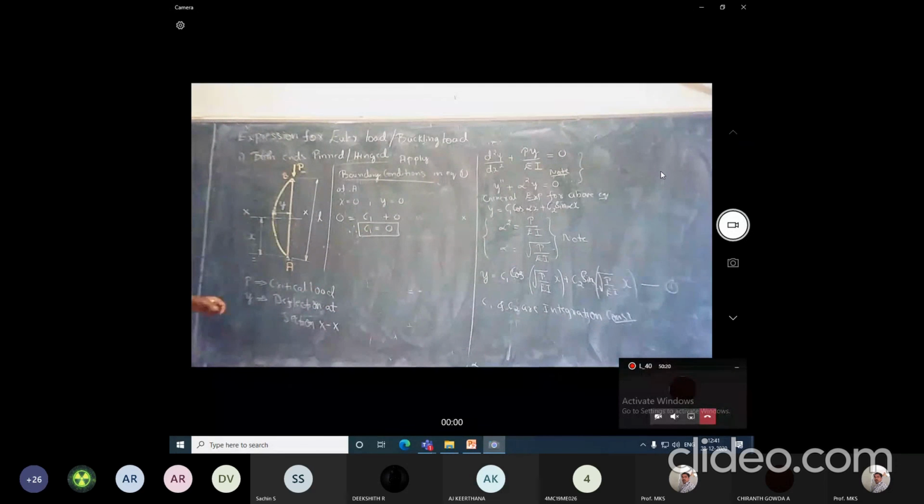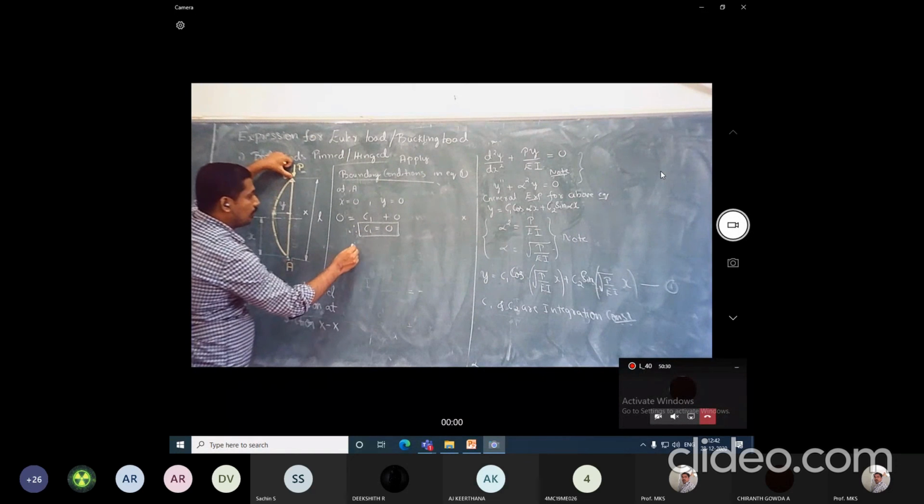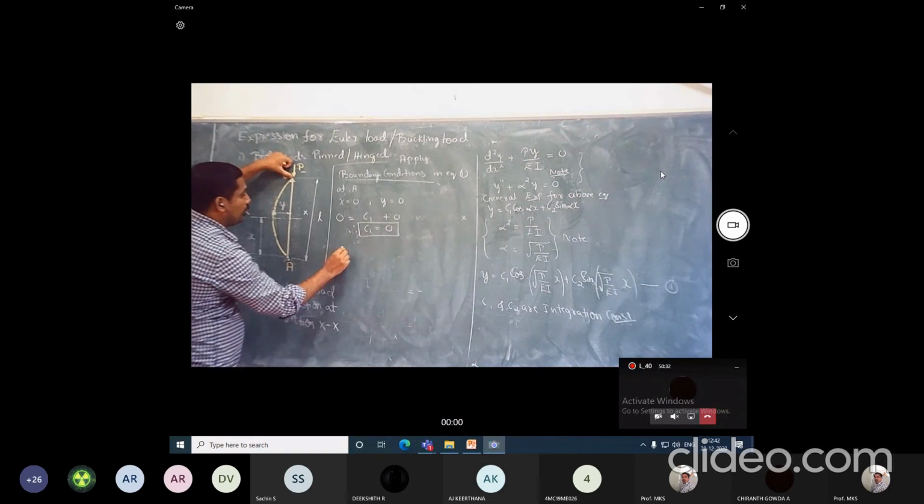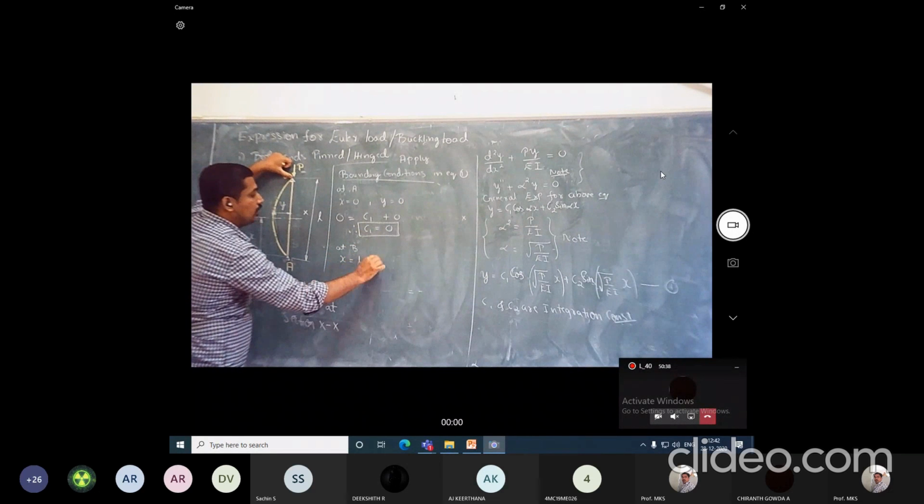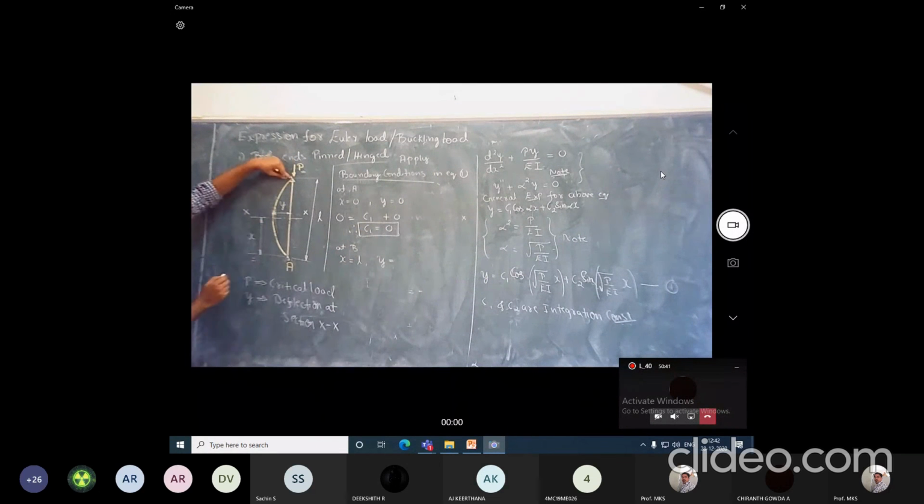Next you apply the second boundary condition at x is equal to L, at the point B. There is no deflection at this point B, so therefore y is equal to 0.